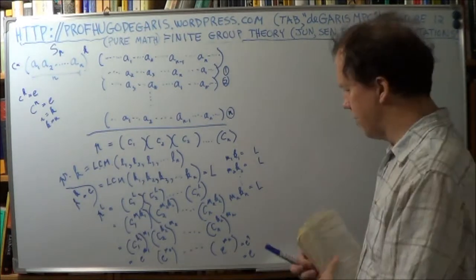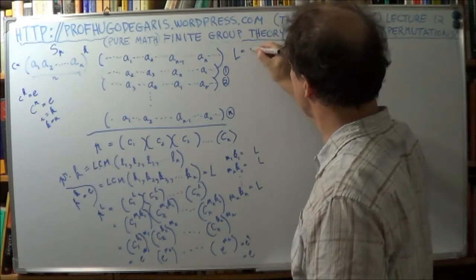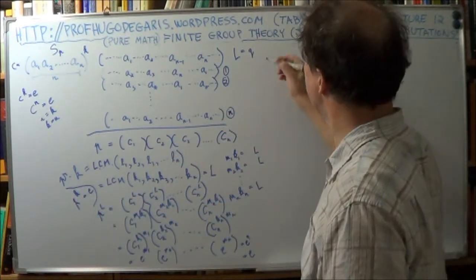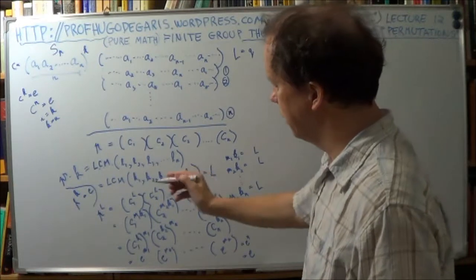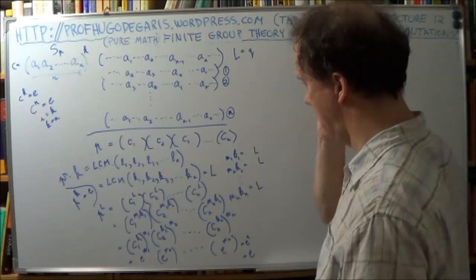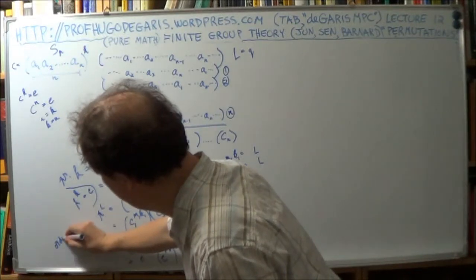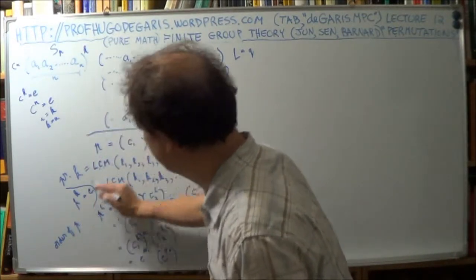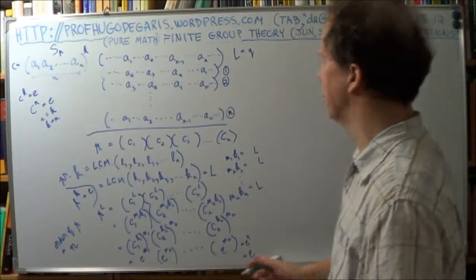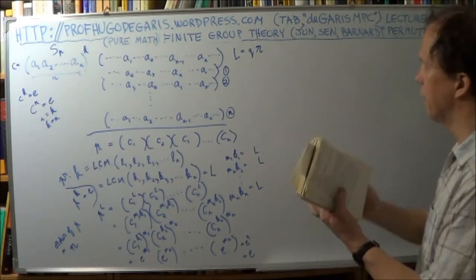So that L is some multiple, let's call it q, of the order of P. Let the order of P be equal to r, whatever. That works, since they're both integers.